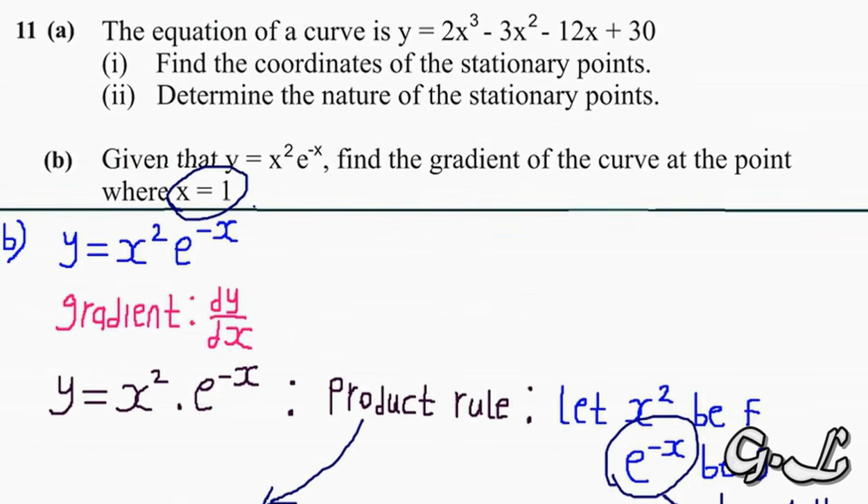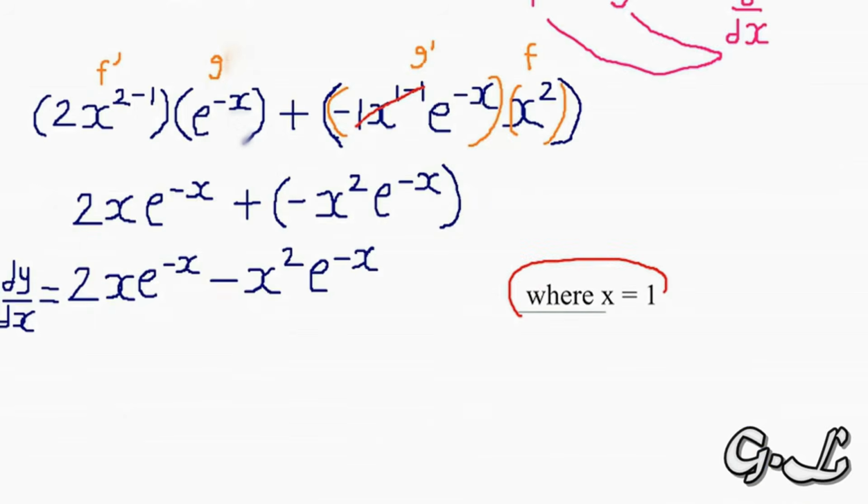We are told that we need to find the gradient of the curve at the point where x is equal to 1. When you find the expression for dy dx, you have to replace wherever there is x with the value that you're given.